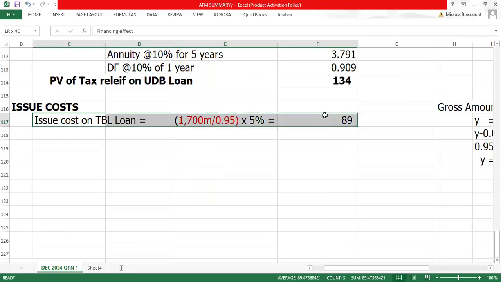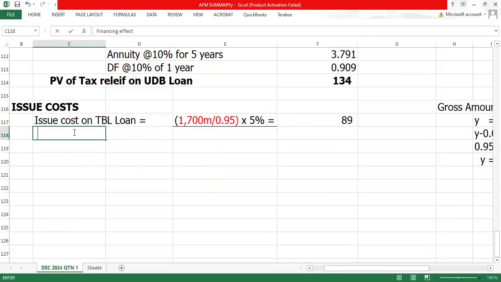Once you get the issue cost, get the tax relief on issue cost, which will be 30% times the 89.